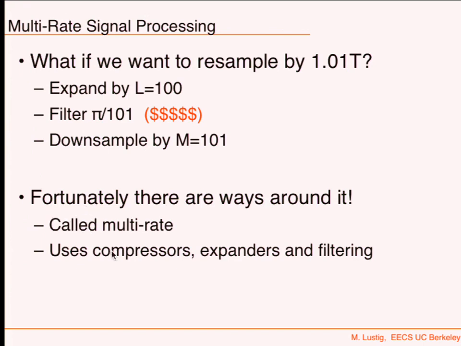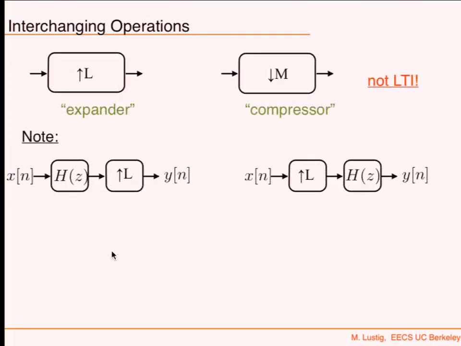Okay. So fortunately, there's a way to go around it, because if we're going to compute stuff that we're going to throw away, let's not compute it. Okay, that's the idea. And so it's all based on the ability to interchange operation of expanders and compressors with filtering. So if you look at an expander and a compressor, they're not LTI systems.